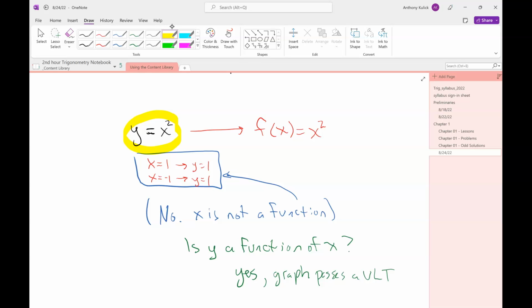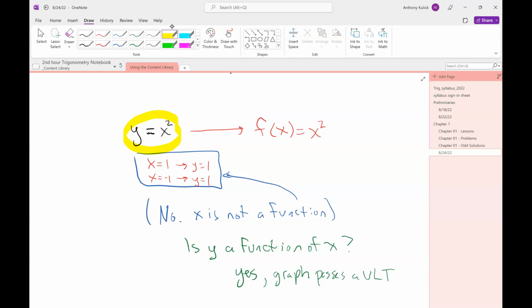There's nothing about the original problem that states explicitly that x is the independent variable. So if we had assumed y was the independent variable, we get that it's not a function. If we assume x is the independent variable, we just saw that it is a function.